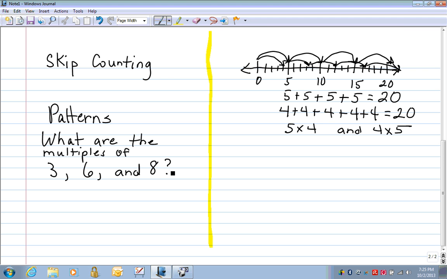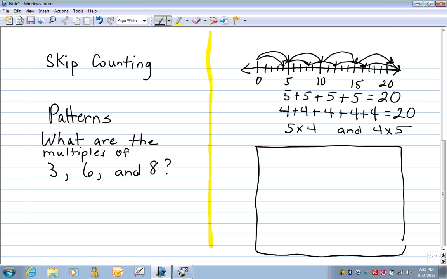Okay. In this square, you should have a grid paper. In that grid, you are going to number from left to right, 1 to 100. And we are going to circle in red the multiples of 3.